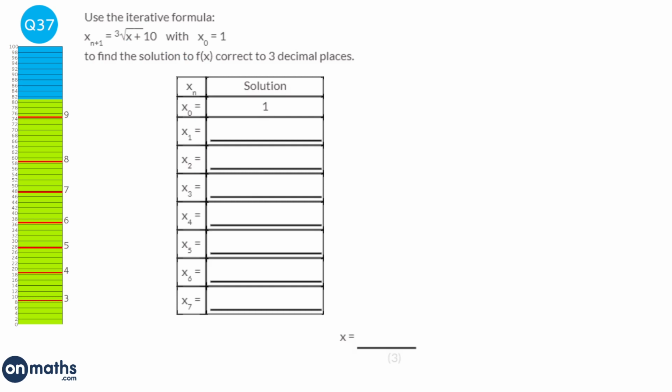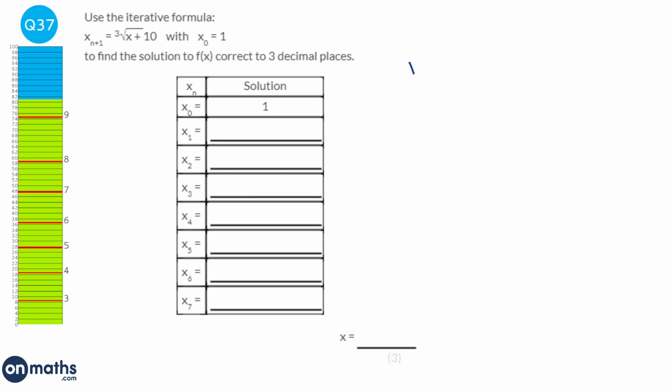But on our calculator, what we're going to do is just press the button 1 and then equals. Now what that will do is it will store the 1 that we have here in our calculator. Then we're going to type in the cube root button, and the 1 will disappear. That's not a problem, because the next thing we're going to press is answer plus 10.